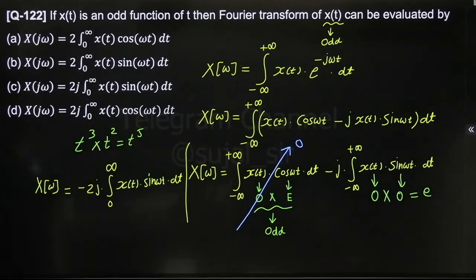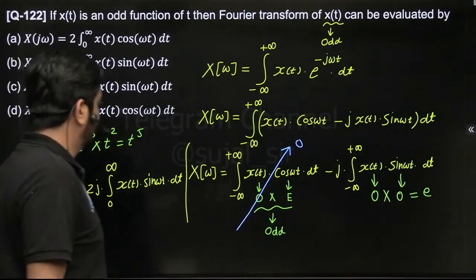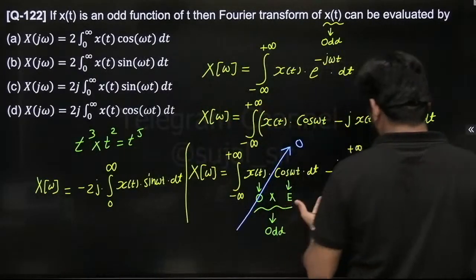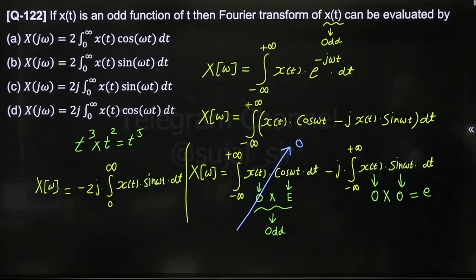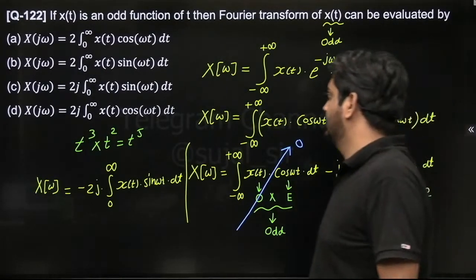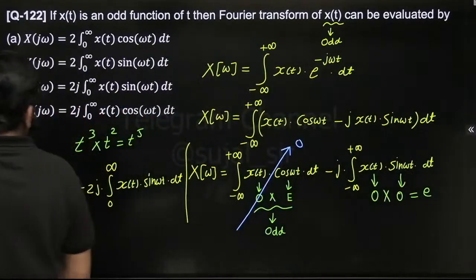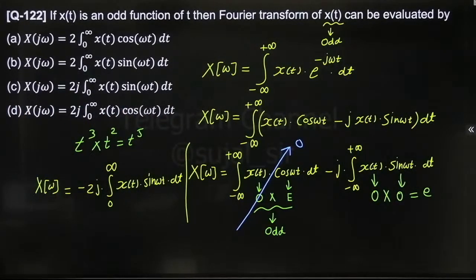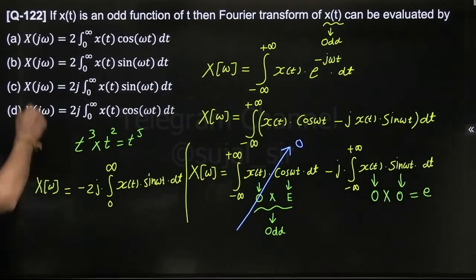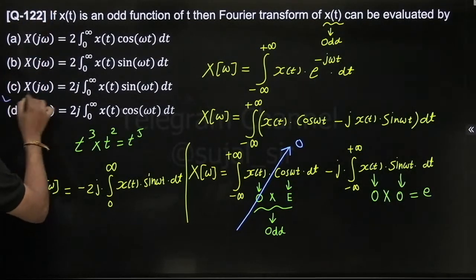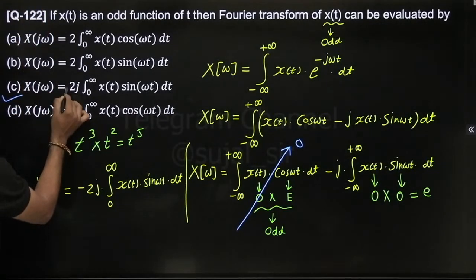So let me check once. 2j, this first term will be 0 and minus j. So minus sign should be there, guys. Here in option C minus sign should be there. Minus 2j, 0 to infinity, x of t sin omega t dt. Okay, so option C, guys, here minus sign should be there.